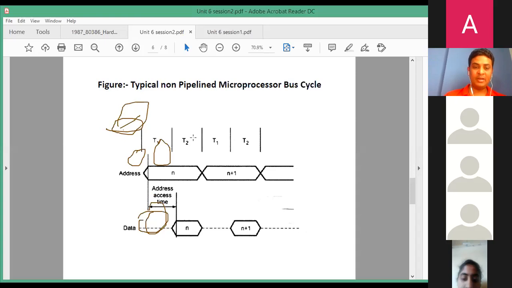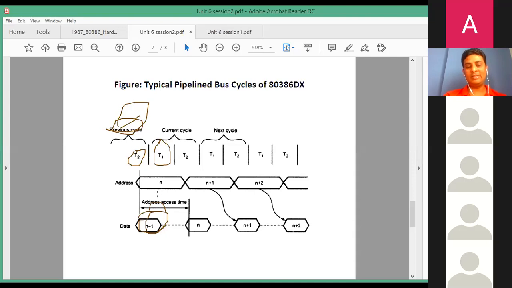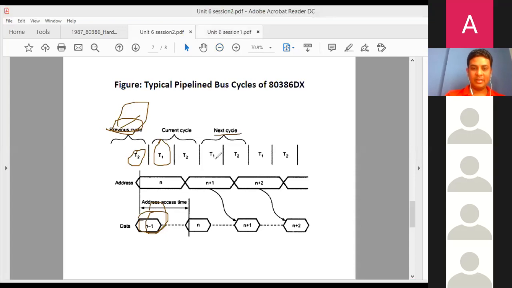Whereas in pipeline there is no waiting for address calculation, as it is done in T1 also. Address and data are in pipeline. But the data fetched in the current cycle is for the previous cycle. For the next cycle, in T1 the address is calculated for n+1, but the data is fetched for the previous cycle. This is the arrangement for pipeline and non-pipeline bus cycles.